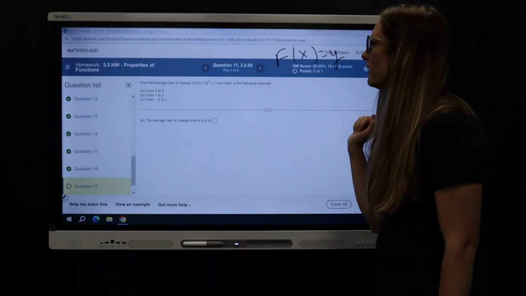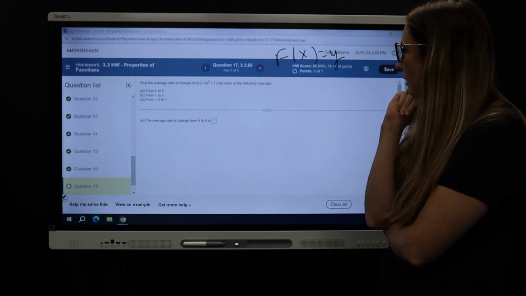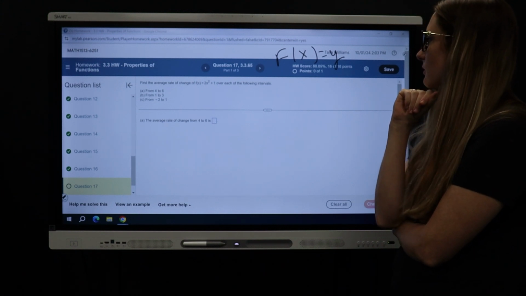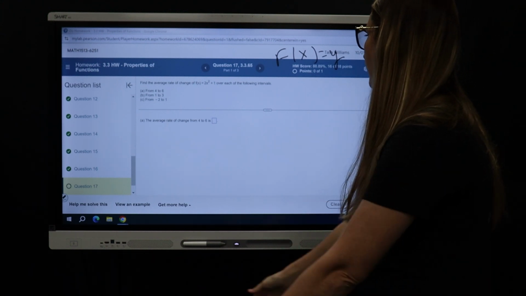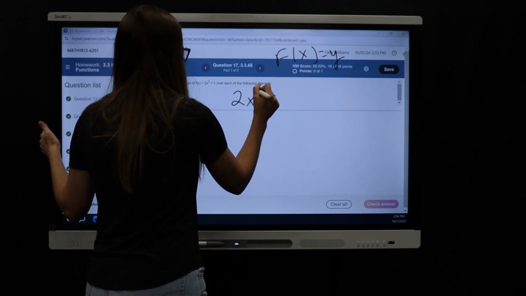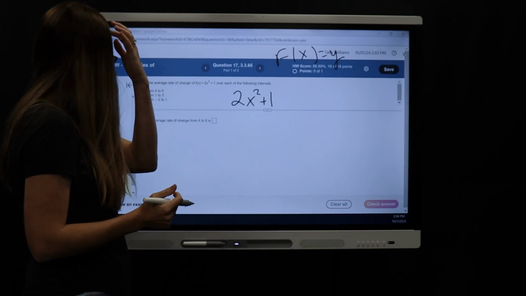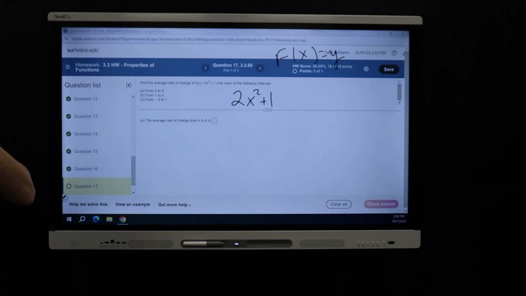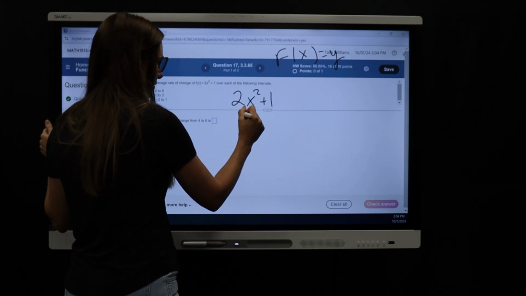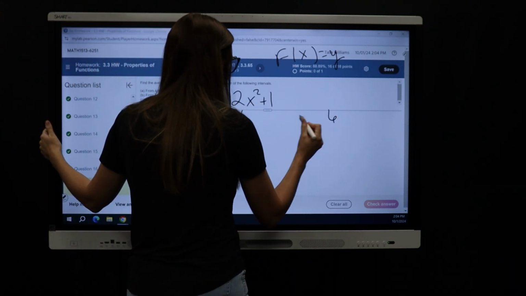Find the average rate of change of f of x equals 2x squared plus 1 over each of the following intervals. So from 4 to 6, we're going to plug in. We've got to work it out with 4 and 6.